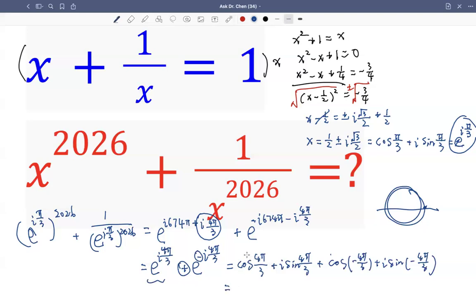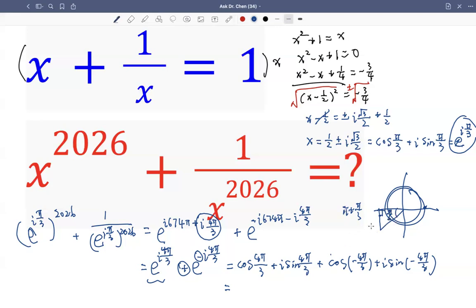Now, remember what is the cosine 4 pi over 3? We have these 4 quadrants. 4 pi over 3 is in the third quadrant, right? Because 4 pi over 3 is pi plus pi over 3, in the third quadrant. So looking at this triangle, this will be pi over 3, right?